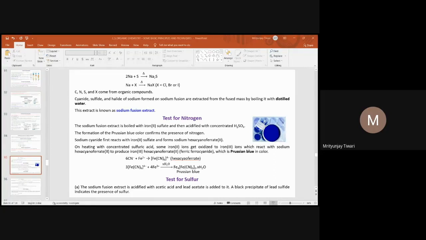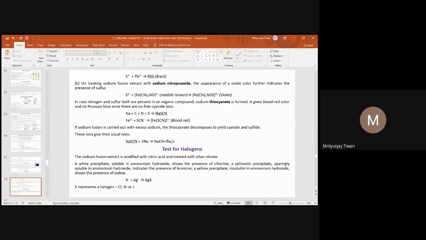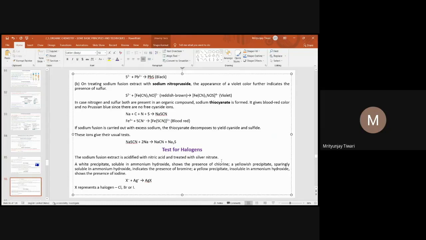Let us now look into the test for halogens. The sodium fusion extract is already formed, because we have heated the organic compound with sodium metal and then heated it in distilled water.